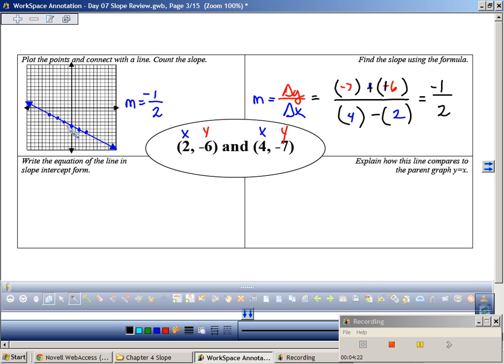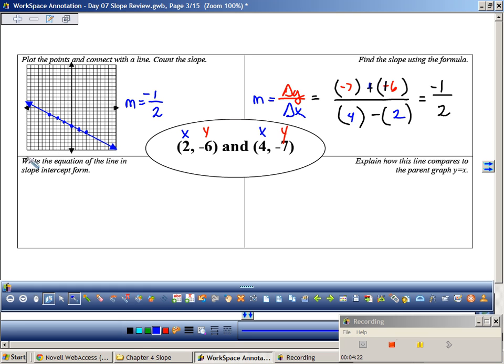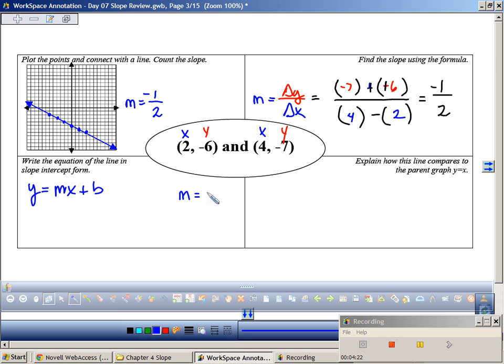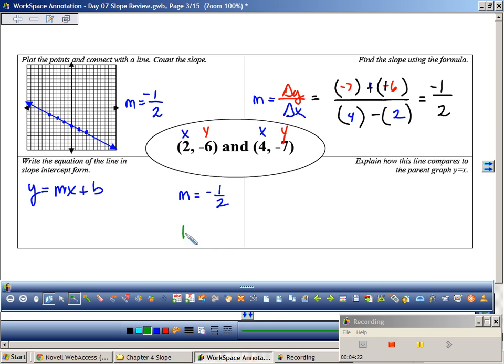All right, since we've double-checked what our slope is, write the equation of the line in slope-intercept form. So Levi, what's slope-intercept form? y = mx + b. Well, we know what m is. What's m? -1/2. And I know my b. Do I know my b? What does b stand for? The y-intercept.